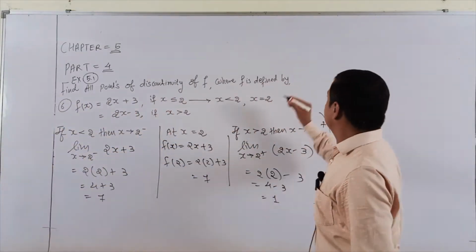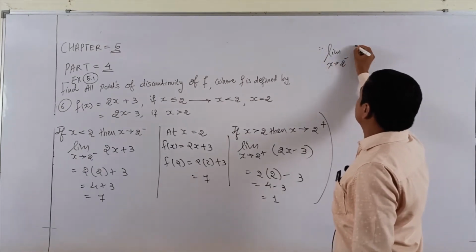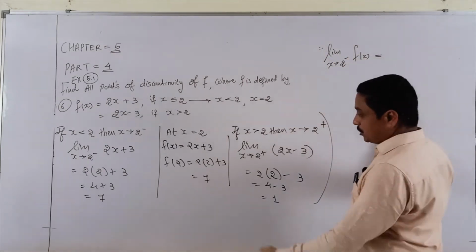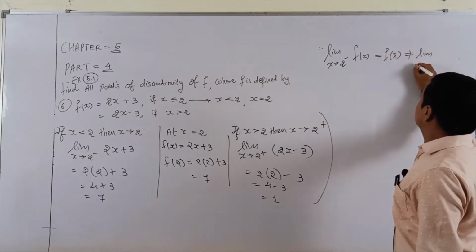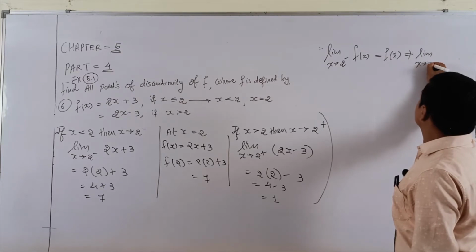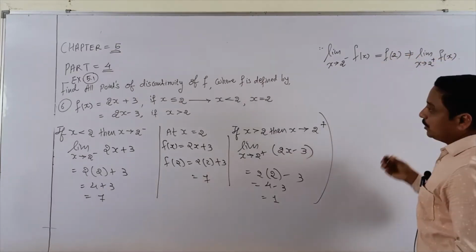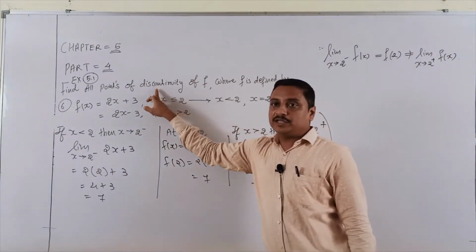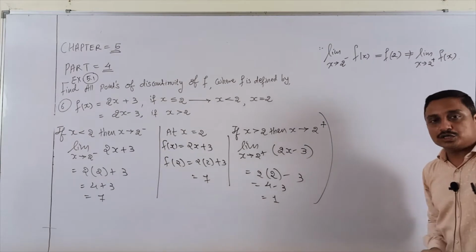The answers are not the same. That's why the limit as x tends to 2 minus of the function is equal to f(2), which is 7, but not equal to the limit as x tends to 2 plus, which is 1. Finally, discontinuity is true here because all three answers are not the same.